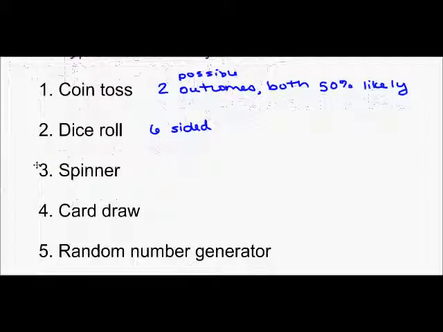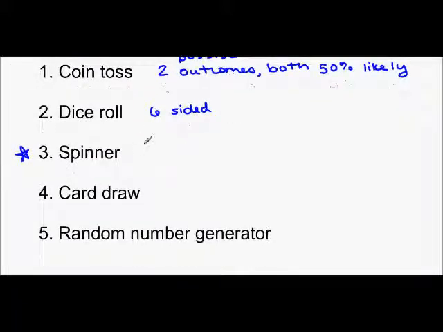The spinner is a good one, and we're going to be using this in class. The spinner is good because you basically have a circle and your pointer in the middle. What's nice about this is that you can divide the circle up however you want to. You could do a 50-50 split like this.